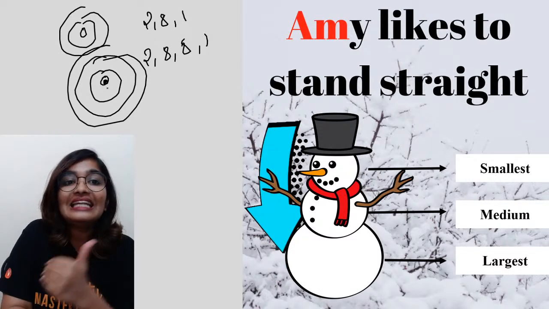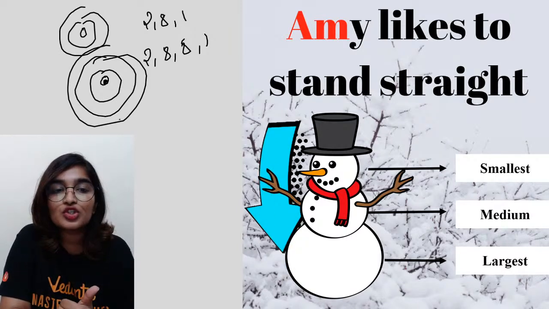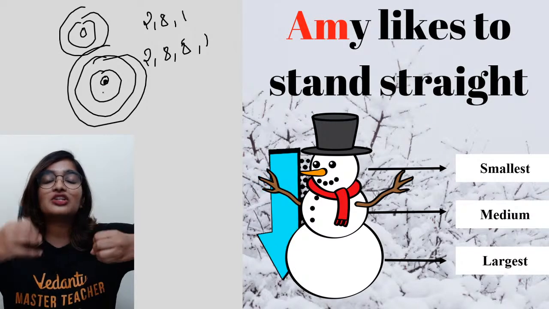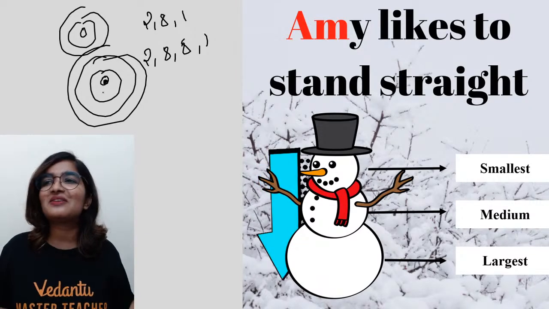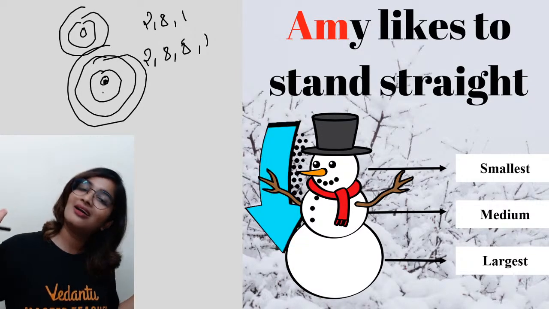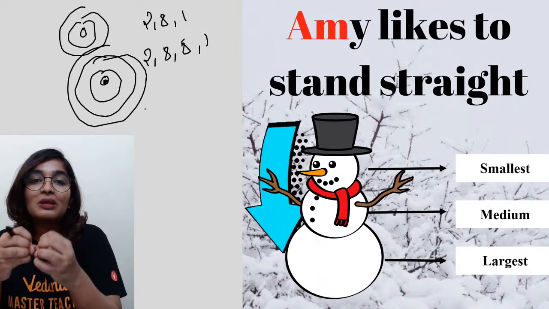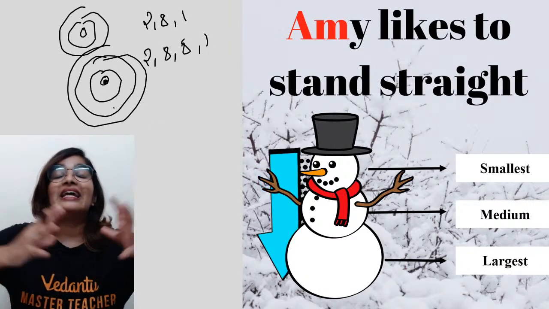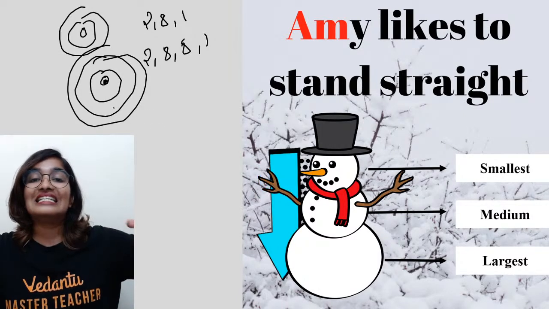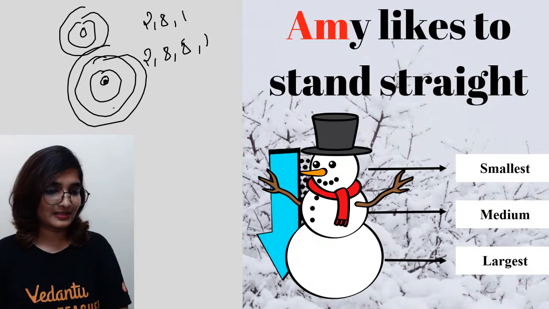But with the increase in the distance between the nucleus and the outermost shell, the force of attraction between the nucleus and the outermost shell decreases. And the electron is like, you go. The force of attraction will be very less compared to the previous shell, and hence the atomic size increases as the force of attraction decreases.